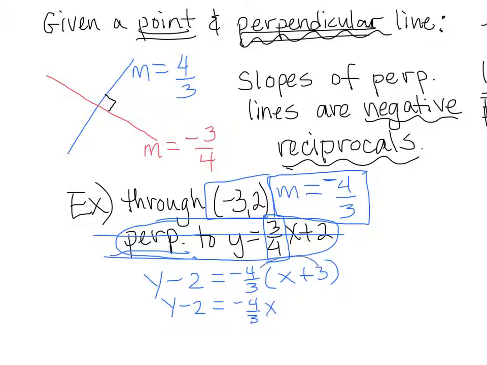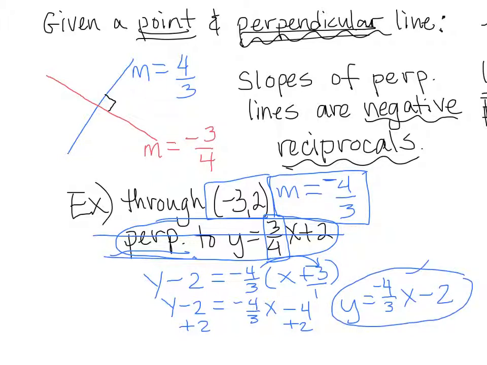I distribute the -4/3 and I get -4. And then I add 2 to both sides and I get y equals -4/3 x minus 2. And that's the equation of the line with this information here at the top.